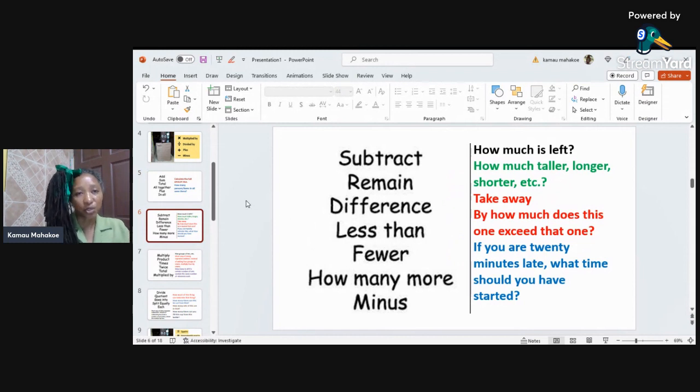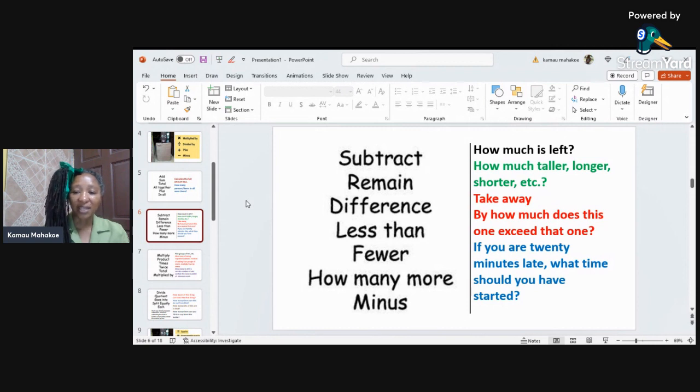Subtraction: it could be said that addition and subtraction are opposites. In addition, more things are coming on. In subtraction, you're actually reducing or taking away from what was there before.